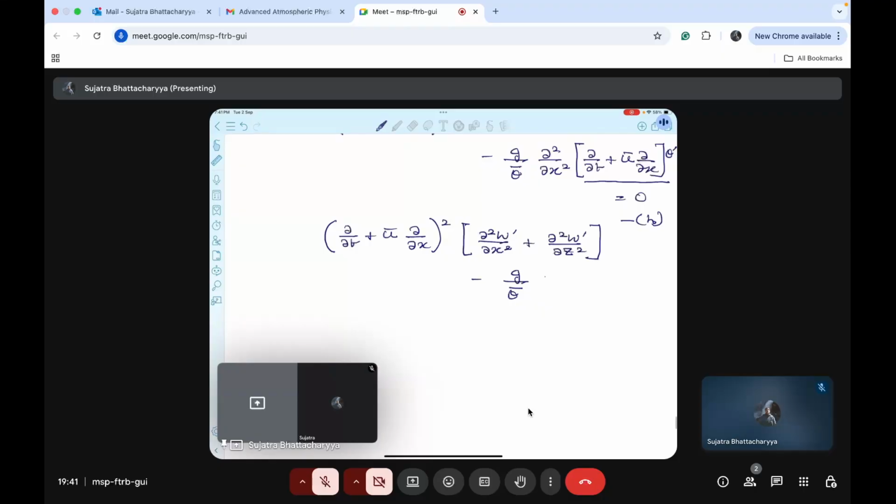So you can directly write this del square del x square minus w dash d theta bar by dz. Okay, put that equal to 0.